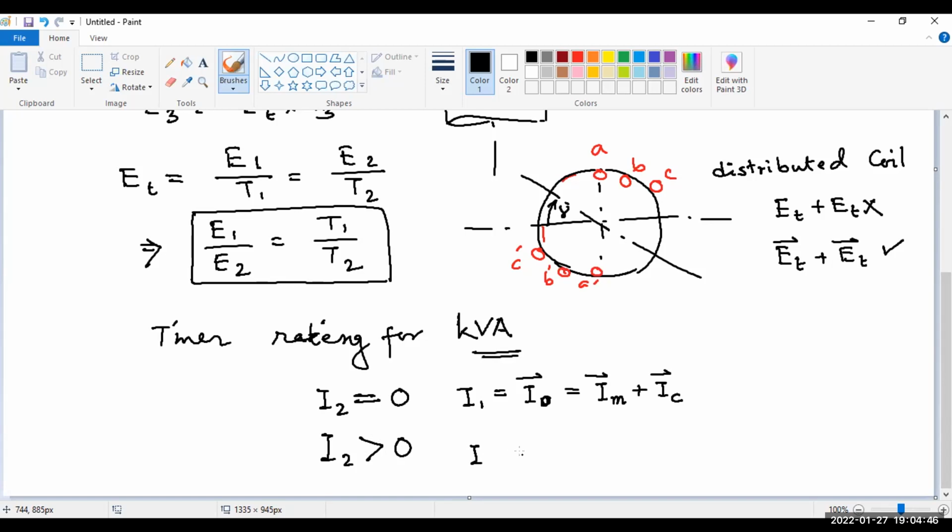Now why will it increase? Due to the current flowing in the secondary side, the flux will change in the core.